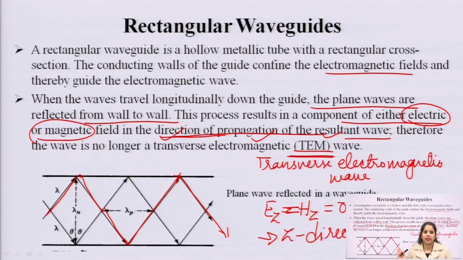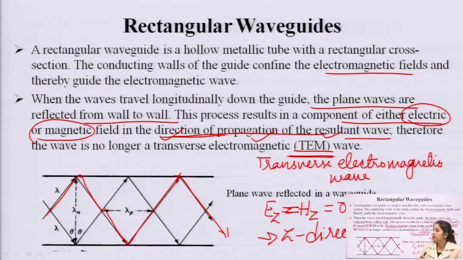And here we are saying that due to the continuous reflection of the plane wave from the walls of the waveguide, there exists a component of electric and magnetic field in the direction of the propagation of the wave. Then what does it mean?